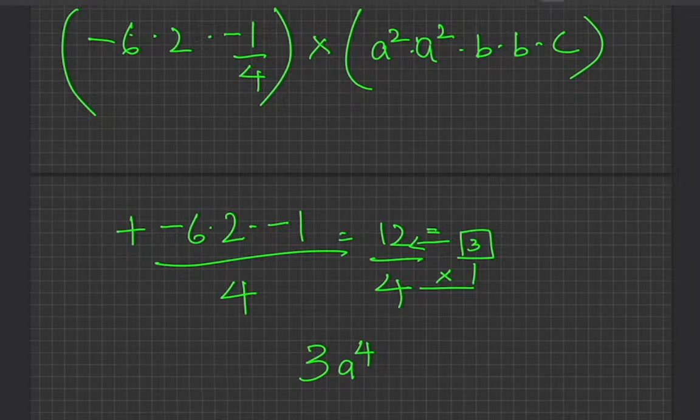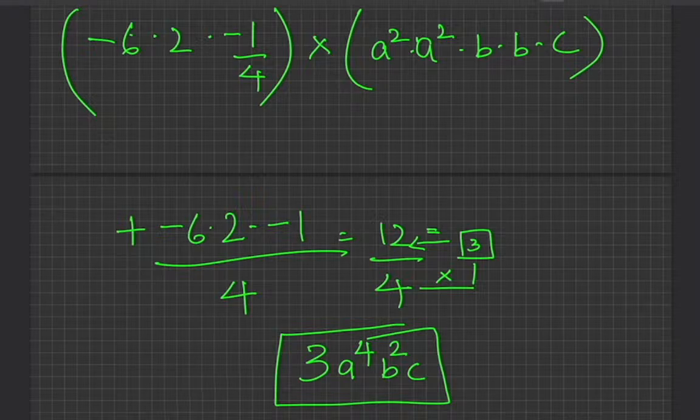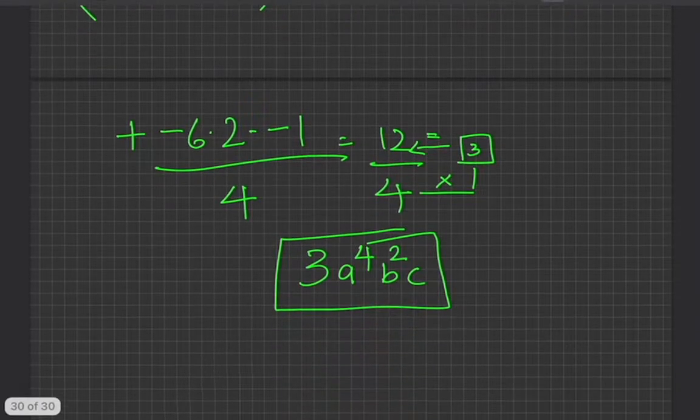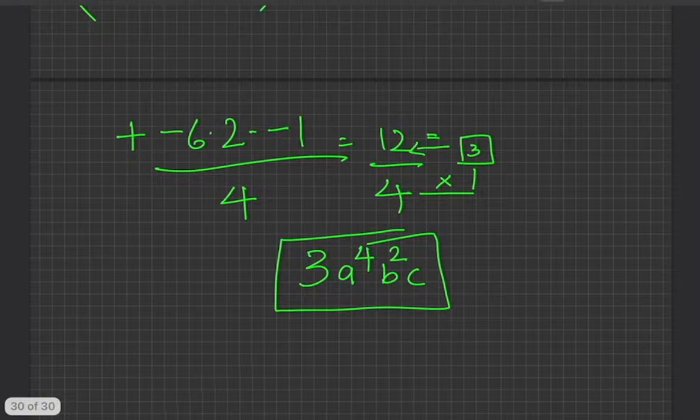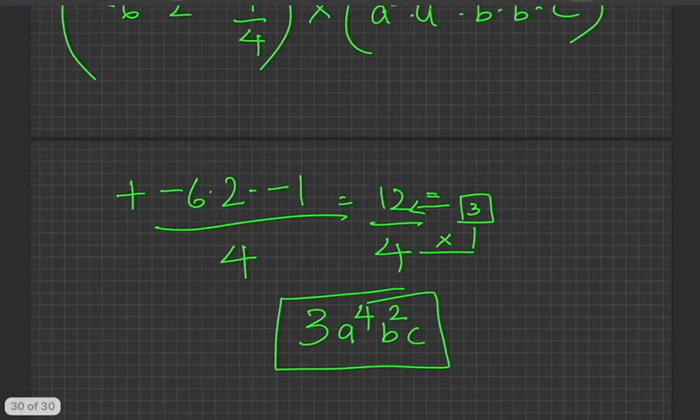B times b is b to the power 2. And c as it is. It is positive, not negative, because negative times negative will give me positive.